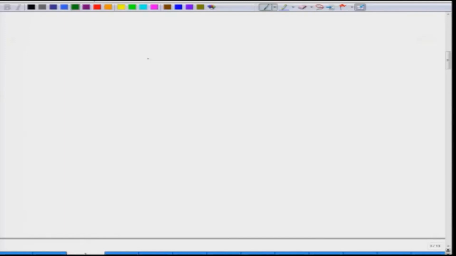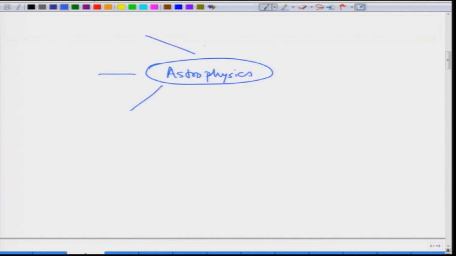So, in a nutshell, if we try to write where astrophysics really lies, astrophysics is the confluence, or a meeting point, of all these 6 very interesting domains of physics.